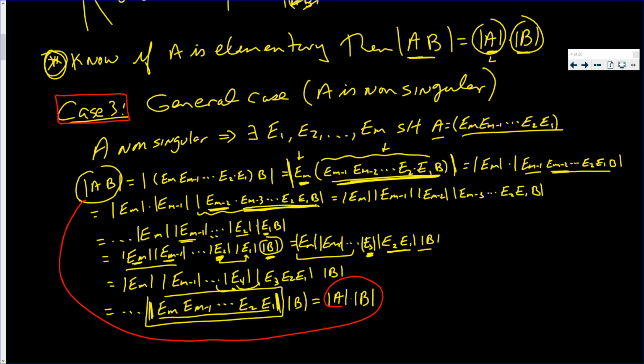And in case 1, we also got this result where A was singular. So whether A is singular or non-singular, we show that the determinant of AB is equal to the determinant of A times the determinant of B. These proofs are quite doable. I didn't do anything advanced.